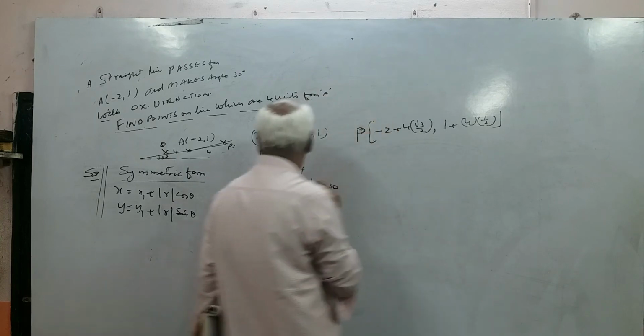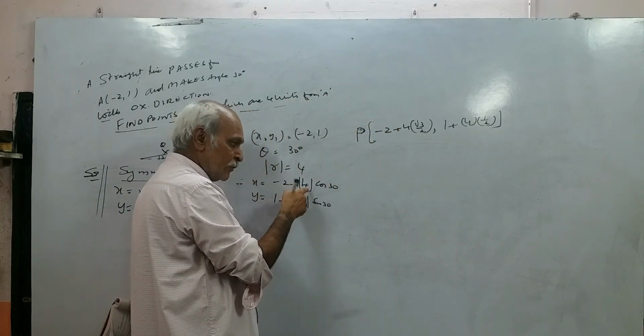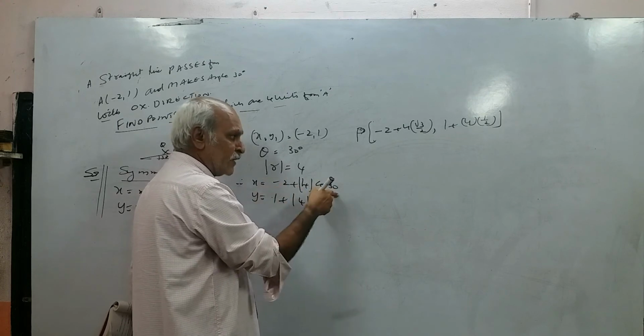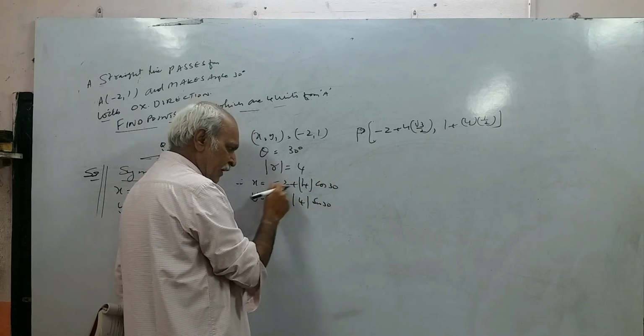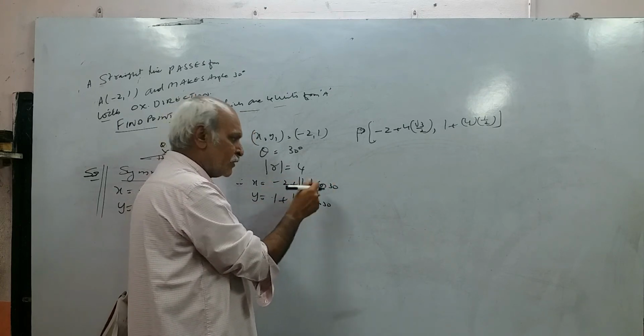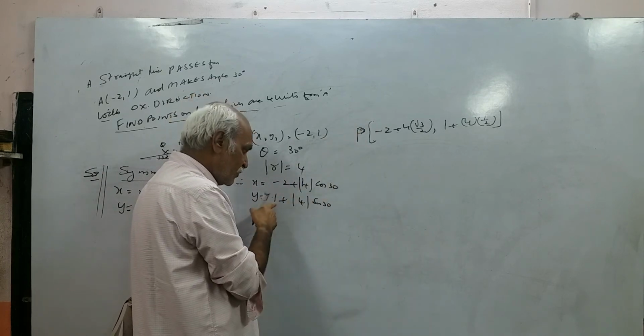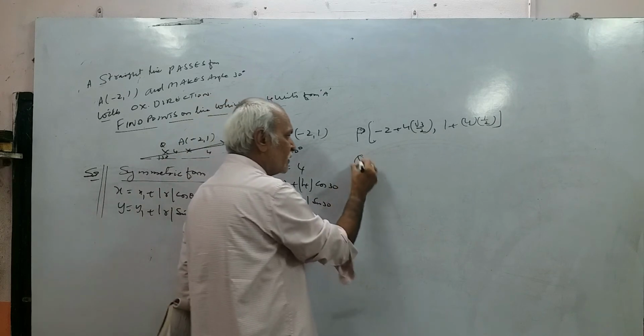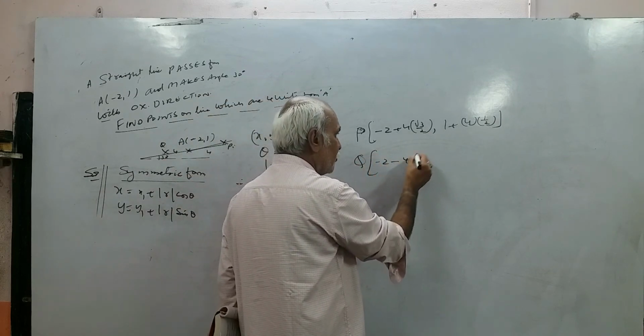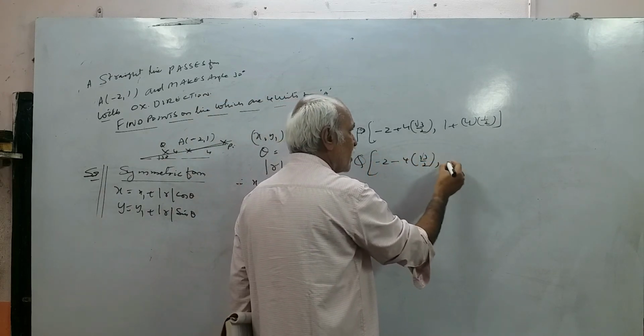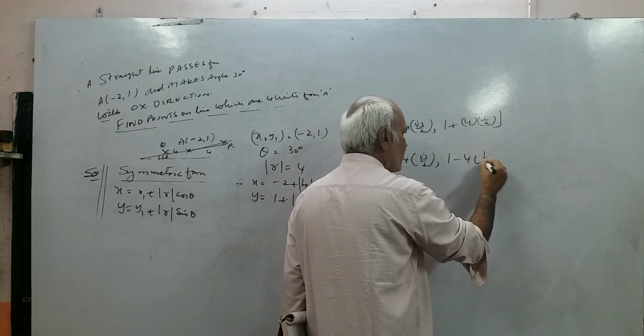Observe here. X is minus 2 plus modulus 4 cos 30. So this is x coordinate, this is y coordinate. So minus 2 plus modulus 4 means plus 4 we have to take. 4 into root 3 by 2, cos 30 value. And what is the y value? 1 plus 4 into 1 by 2. What is the Q point? Minus 2 minus 4 into root 3 by 2 comma 1 minus 4 into 1 by 2.